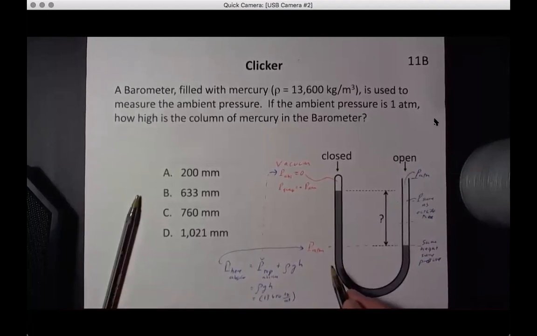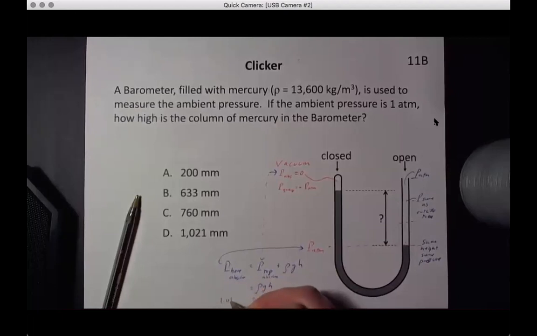Well, we had that before, and if I do a quick look back to what it is, it's 1.013 times 10 to the 5 pascals, equal to that times 9.8 meters per second squared times h.